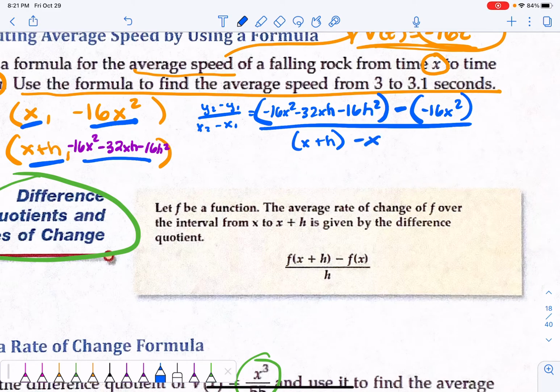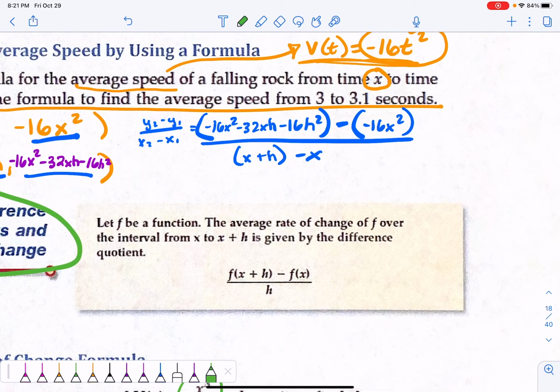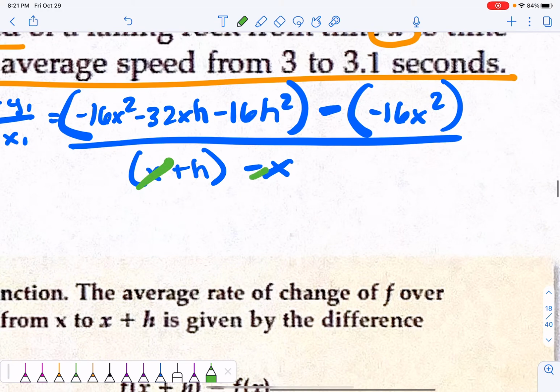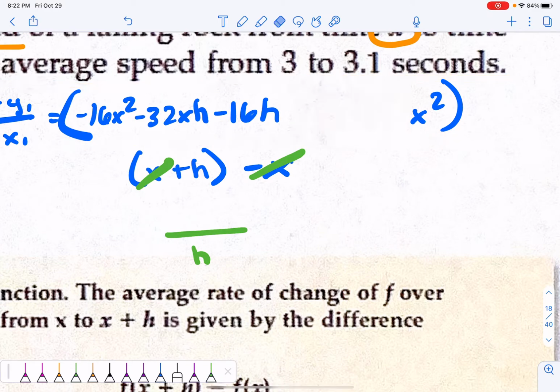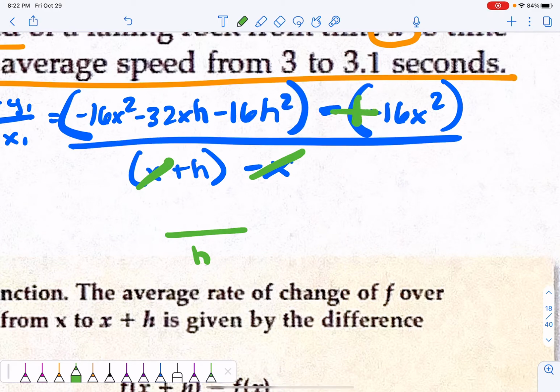Some things are going to cancel out really nicely for us. On the bottom, I see x and minus x will cancel out, so on the bottom all I have is an h. And then minus a negative over here is just going to change to a plus. So I have 16x squared and negative 16x squared; those two are going to go away.